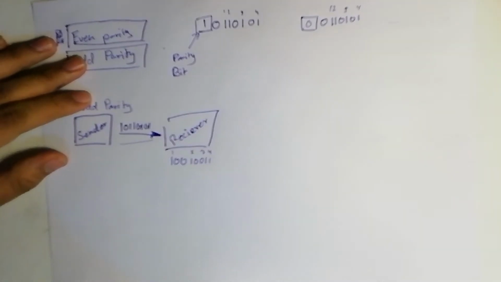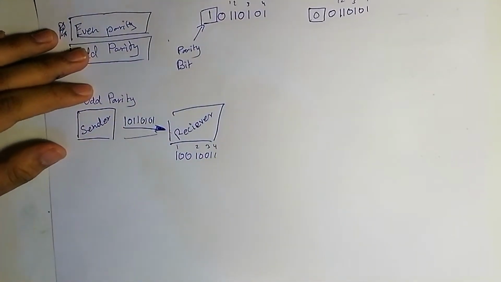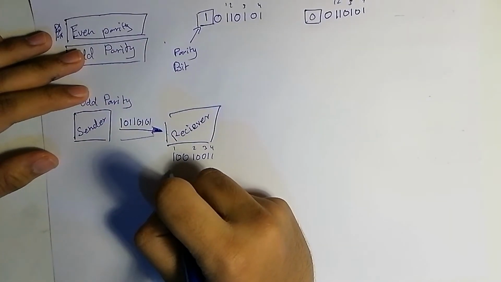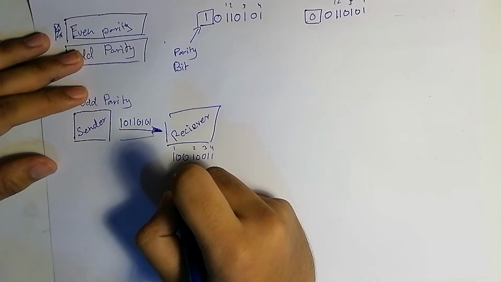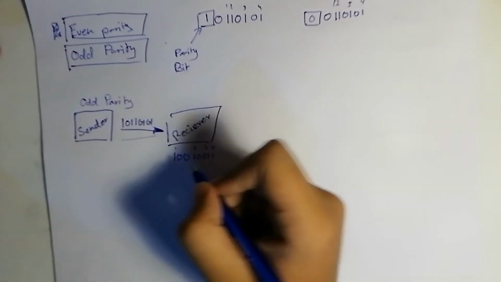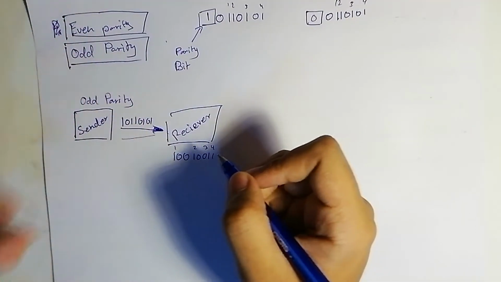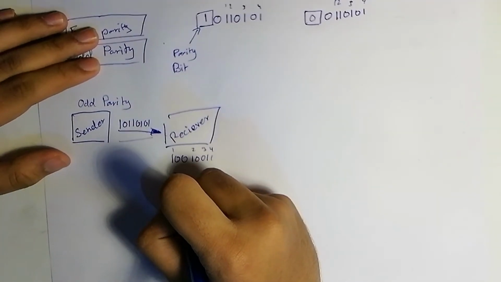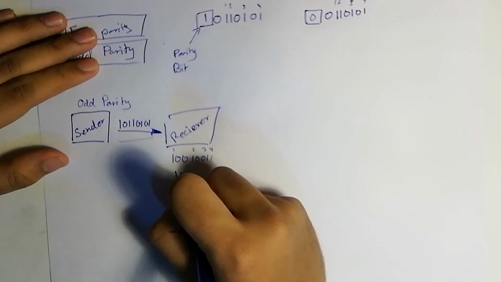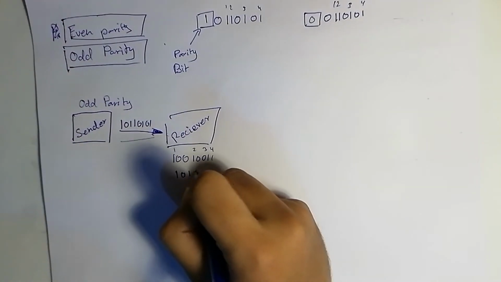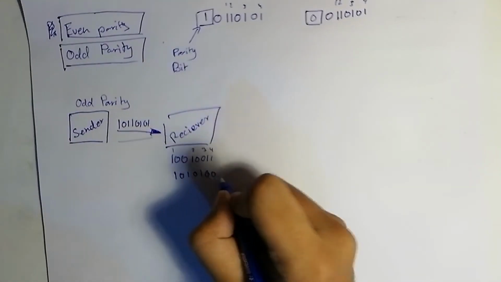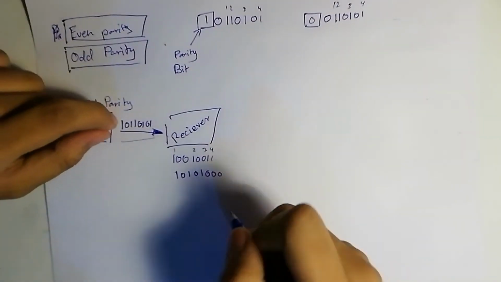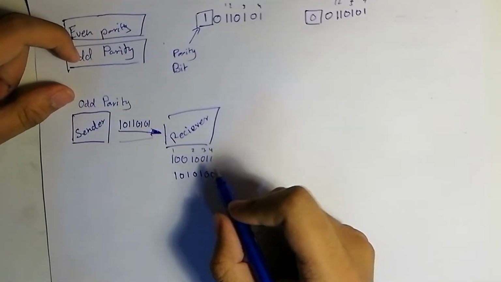But now, here comes a question: what if it was transmitted, not correctly, actually. Let's say an error occurred, and this error did something like this. The receiver received something like 1010000. So now obviously there's a problem here.